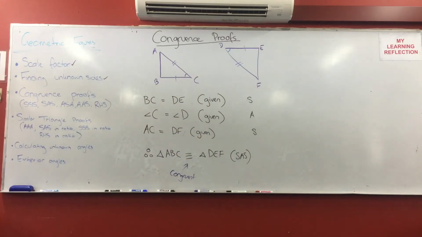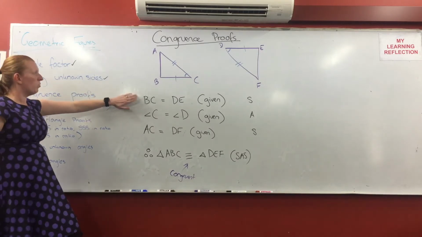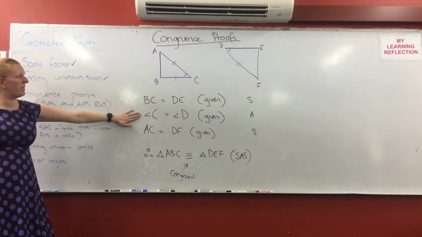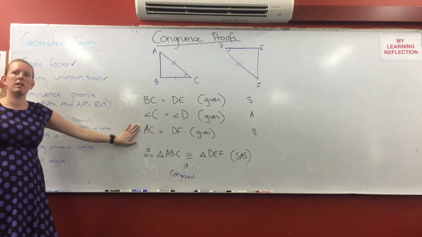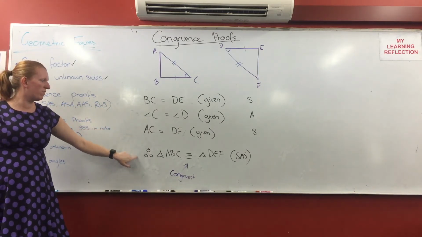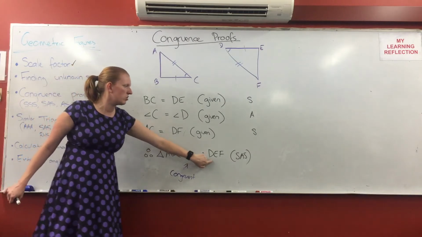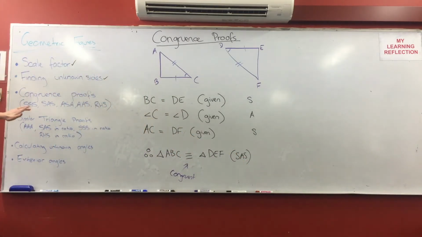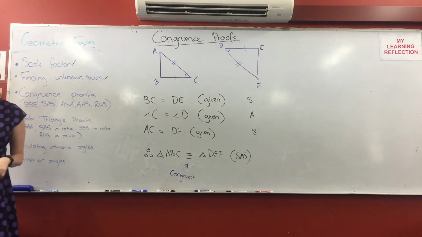So you'll notice I have 1 line explaining what's matching, a 2nd line, a 3rd line, and then a reason. Therefore, this triangle is congruent to this triangle with my reason, my type of proof. And your 5 proofs are SSS, SAS, ASA, AAS, and RHS.